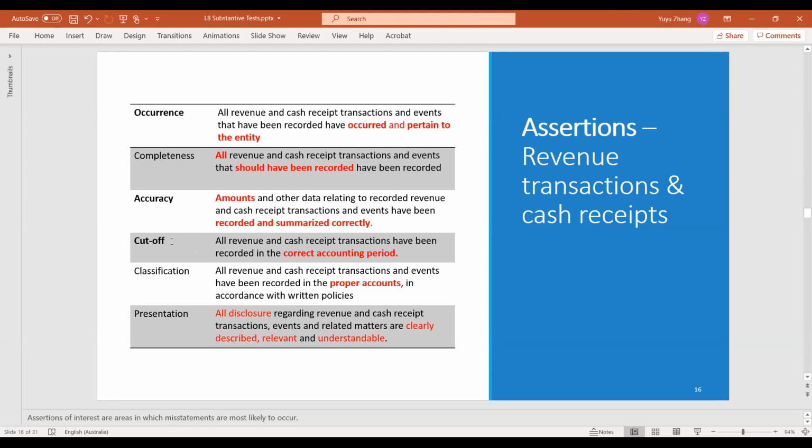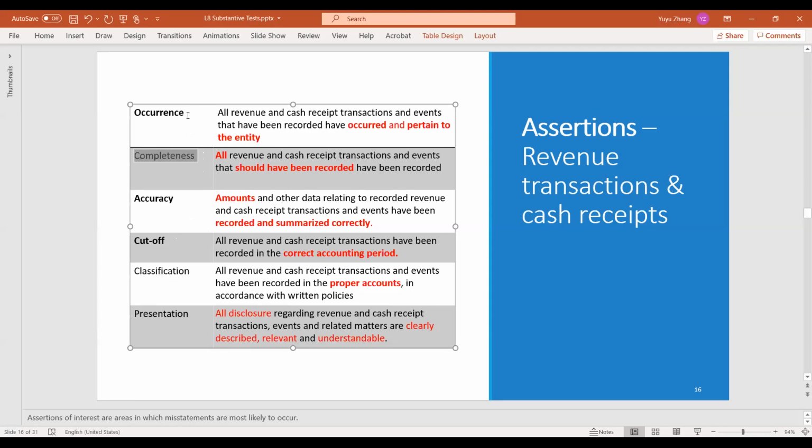The cutoff test serves both assertions of occurrence and completeness, because cutoff test is to jump between different accounting periods. If you are focused on the pre-period transactions, probably you are looking at the completeness assertion.